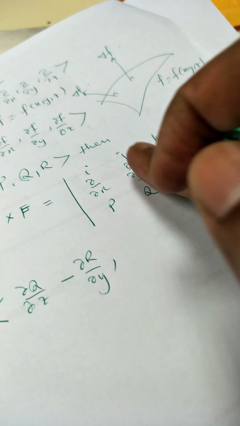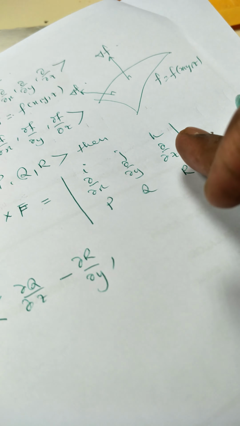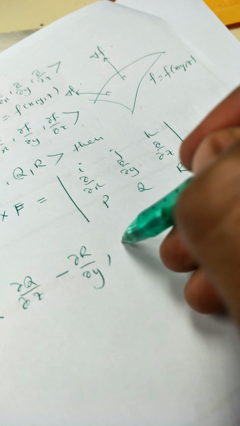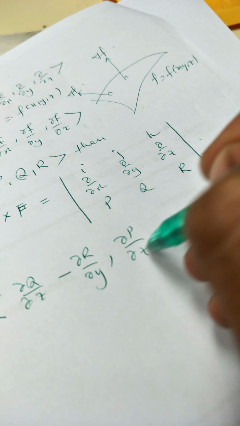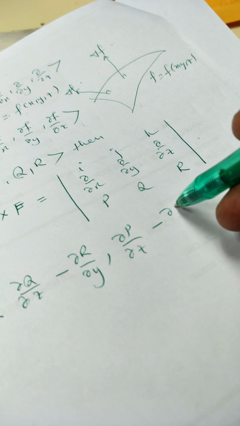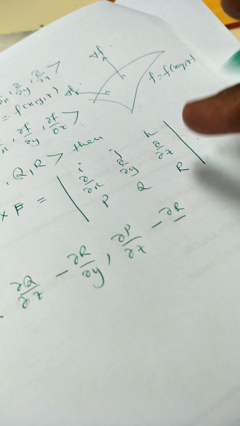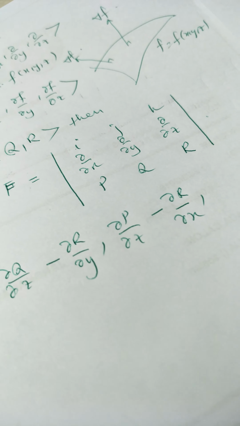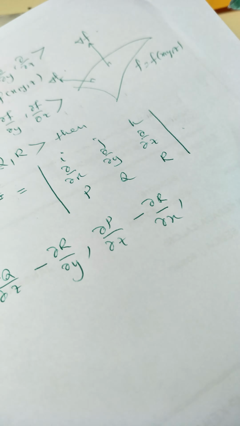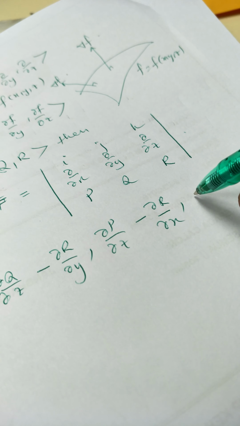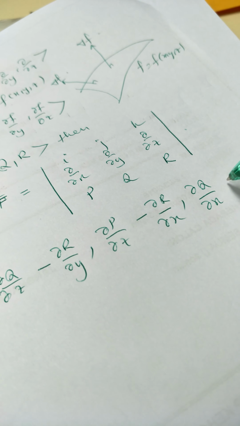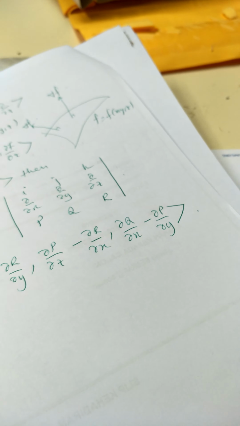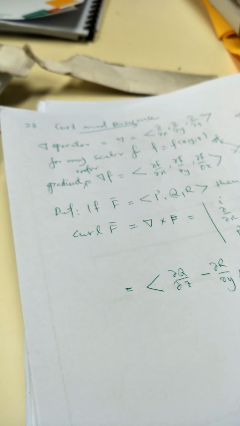And then for j we have del P del z minus del R del x. All right, and for k, we have del Q del x minus del P del y. So that's the definition of curl.